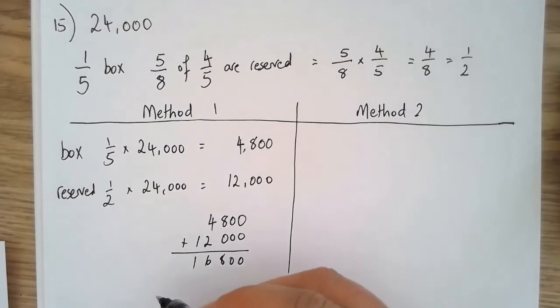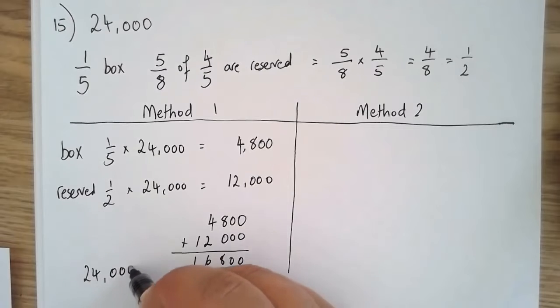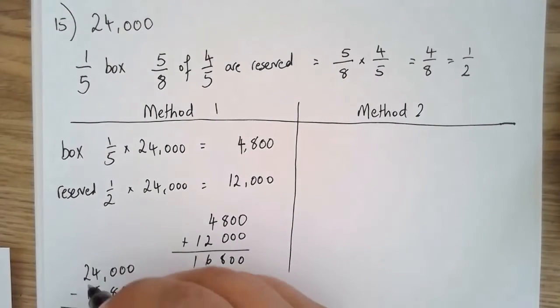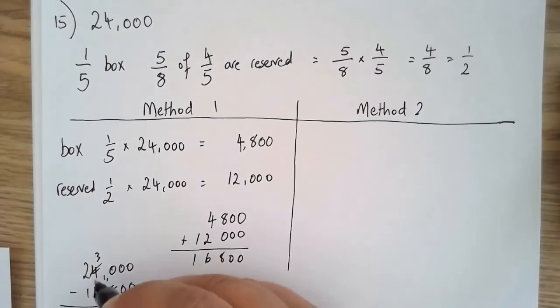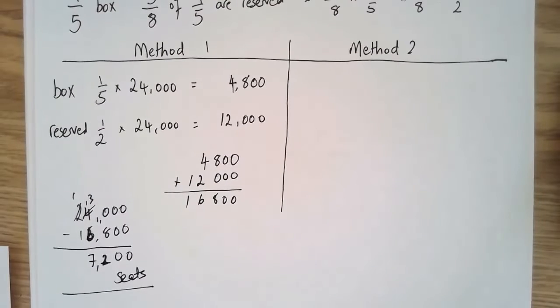So to find general, we have to take the 24,000 and subtract 16,800 to get the answer 7,200 seats, which is indeed our amount.